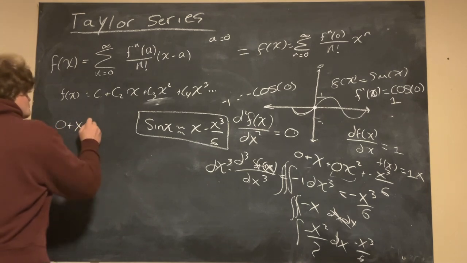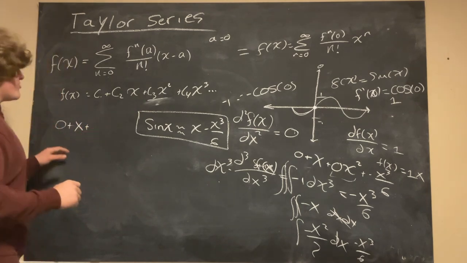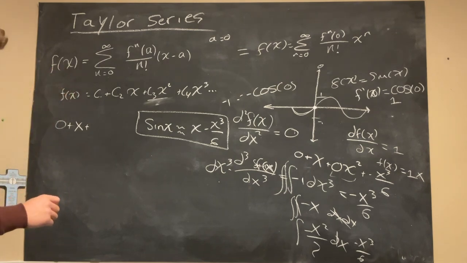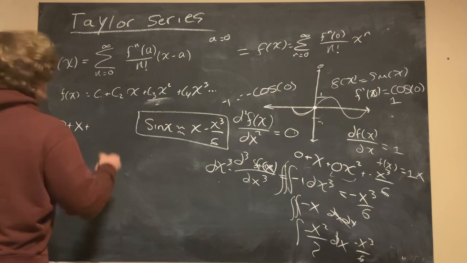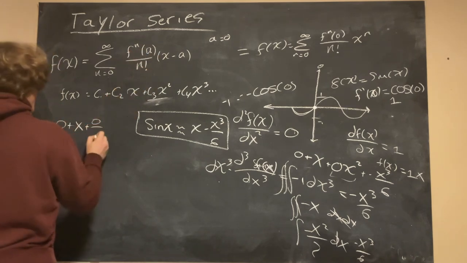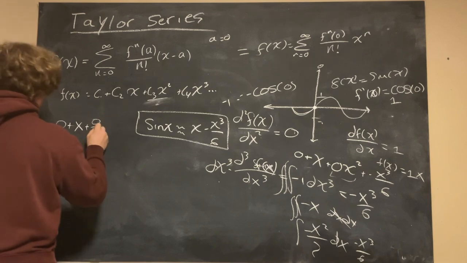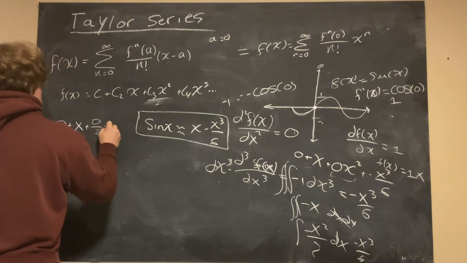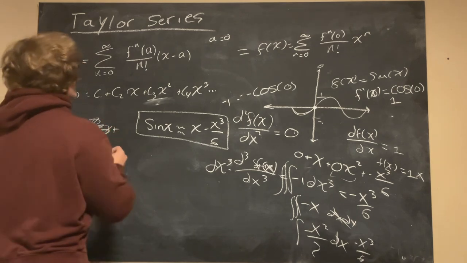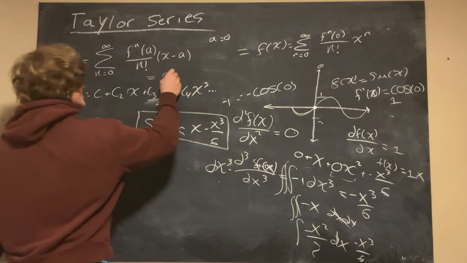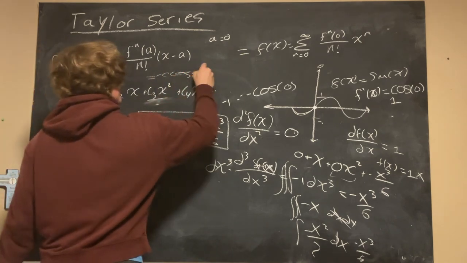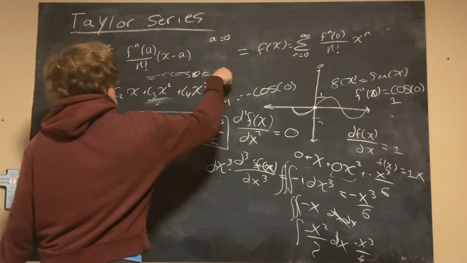Then we would get plus our second derivative, which is negative sine of x, which is 0 at this point. So that would just be 0 divided by our second factorial, which is just 2, times x squared. So this term would cancel out, and then we would get plus our third derivative, which is negative cosine of x at 0, which is equal to negative 1.